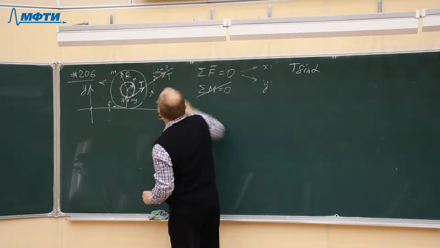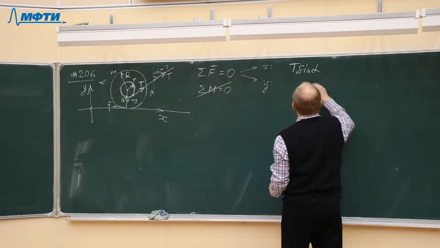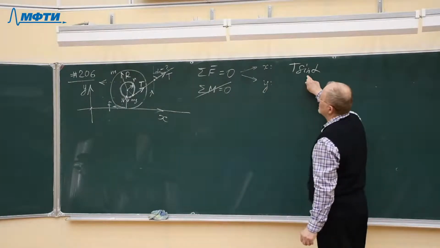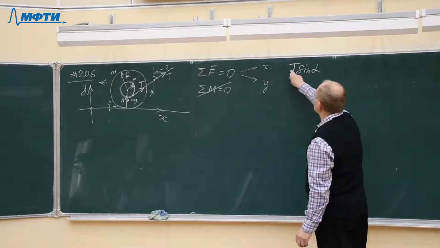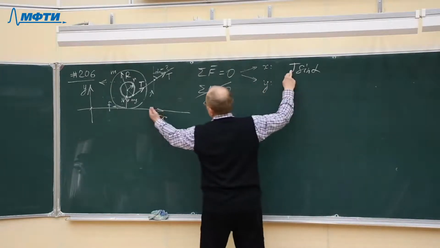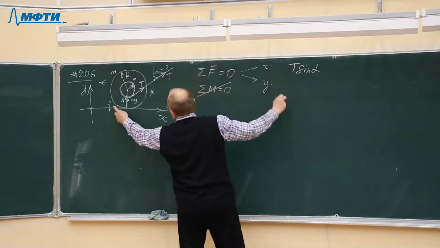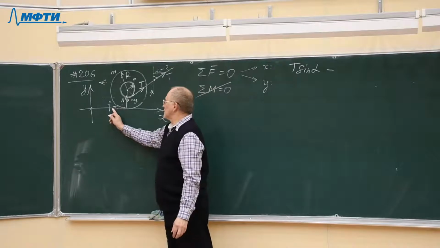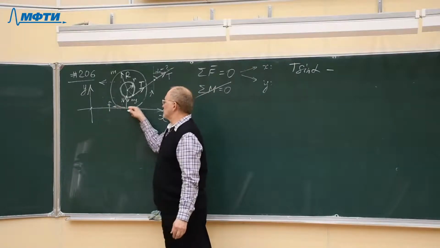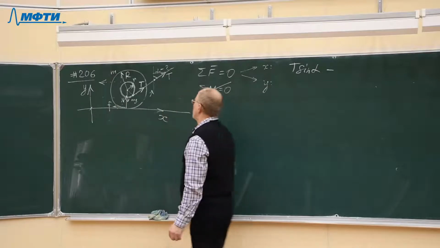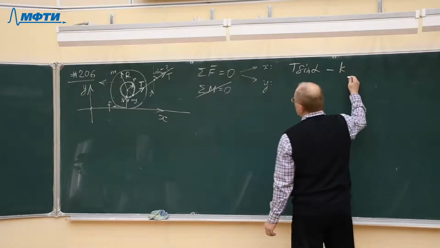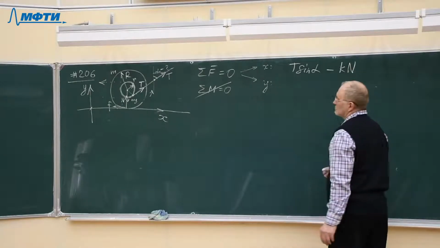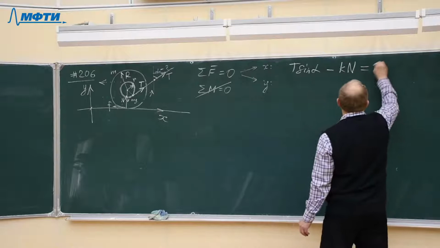So from this right triangle, we have that the horizontal component of the force T is T sine alpha, positive, because it's directed in the positive x direction, and minus the force of friction, which is horizontal. This force of friction equals the coefficient of friction times the force of normal reaction, and it will go with a minus sign, and that must be 0.